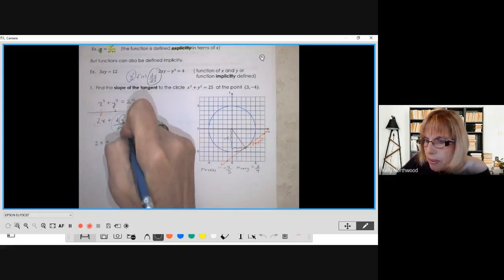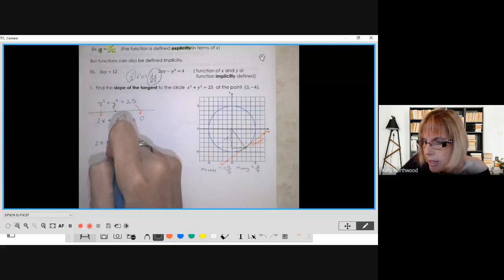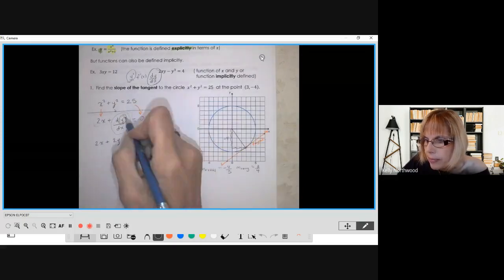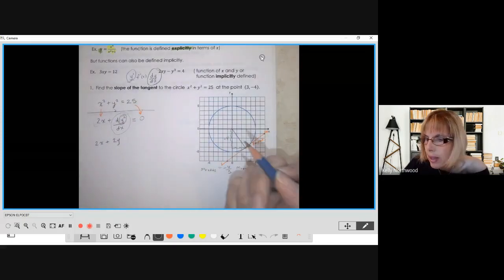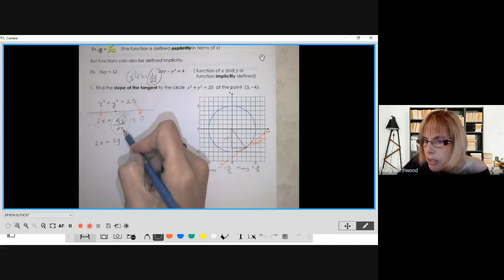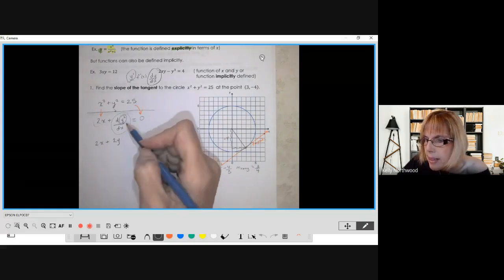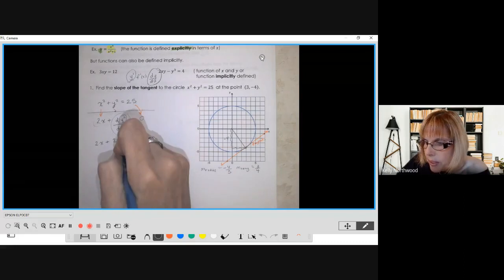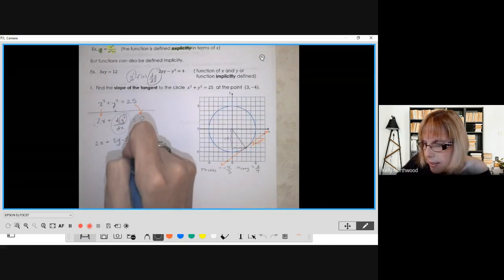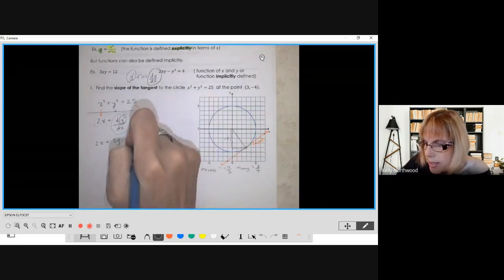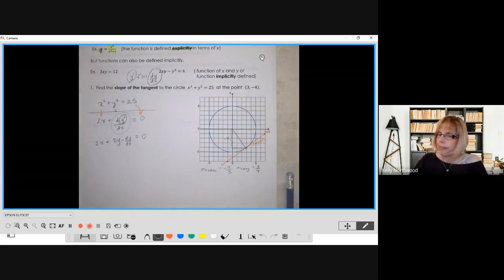If I take the derivative of y squared with respect to y, I get 2y, just using the power rule. But I want the derivative with respect to x. So then I have to take the inner derivative, which is the derivative of y with respect to x, and that is dy/dx, which is the slope of the tangent.